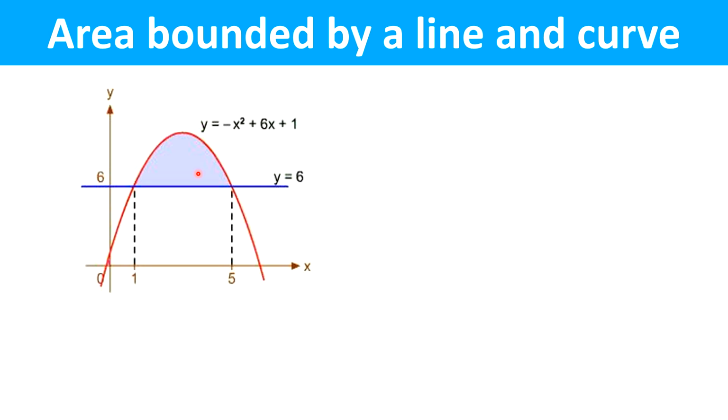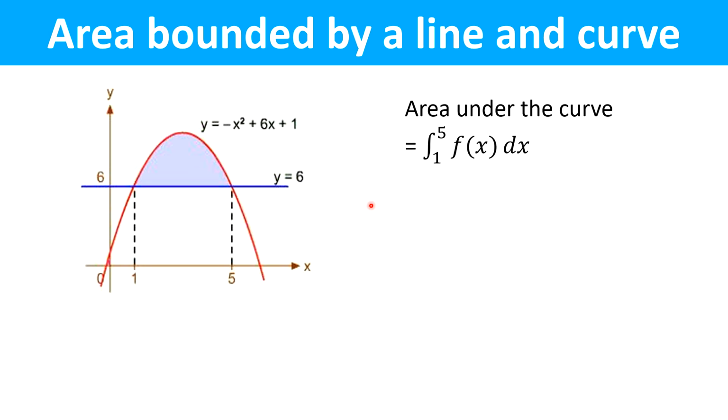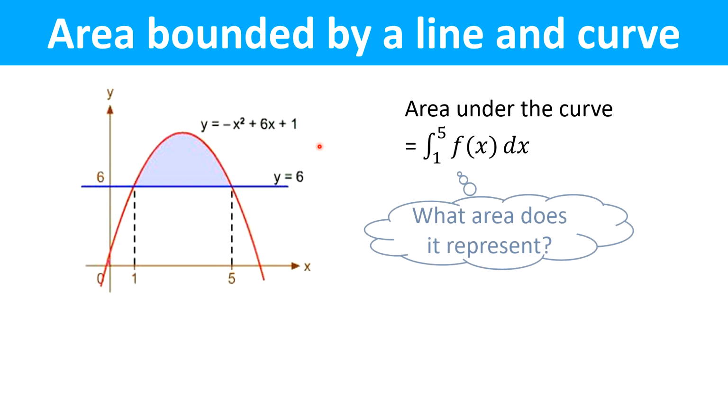Now what we need to do is identify the region. Let's go through this basic. If I write down this definite integral, the area under the graph from 1 to 5, with this function f(x), what is the region represented by this definite integral?